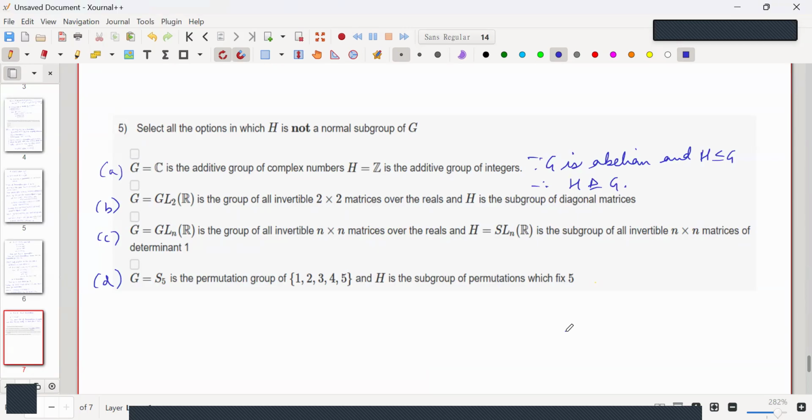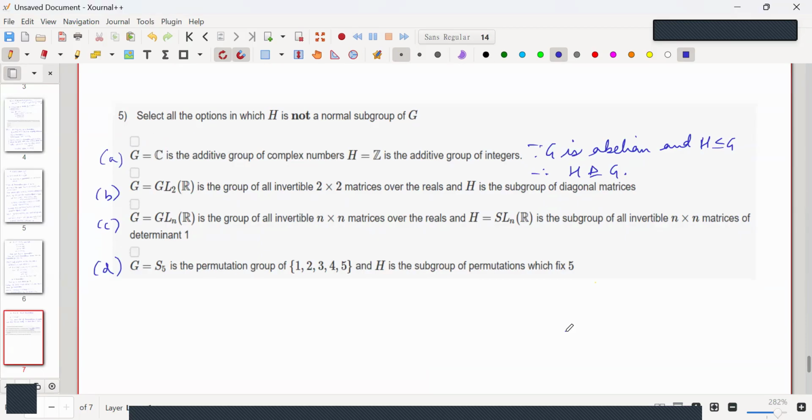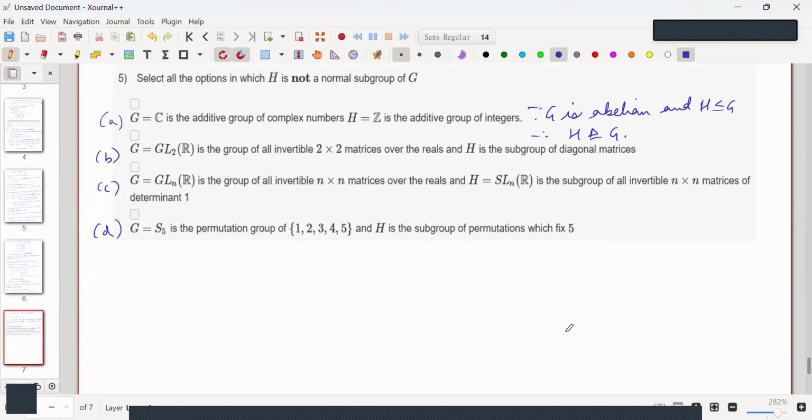You have 2 cross 2 invertible matrices over reals as G and the subgroup of diagonal matrices as H. So is H normal in G? Not normal. So you need to tell me some element which is not closed under conjugation.